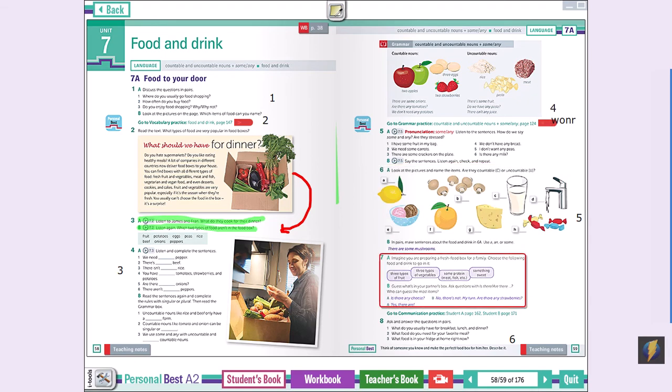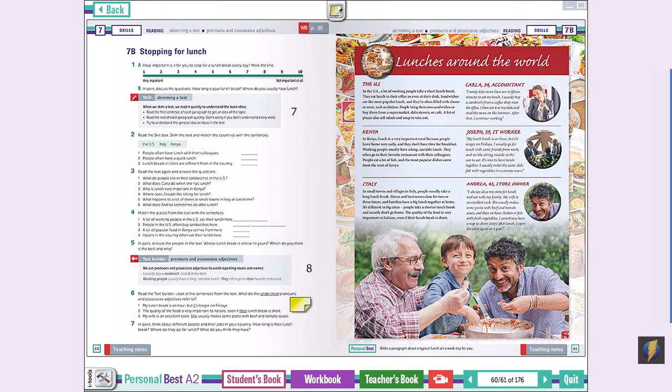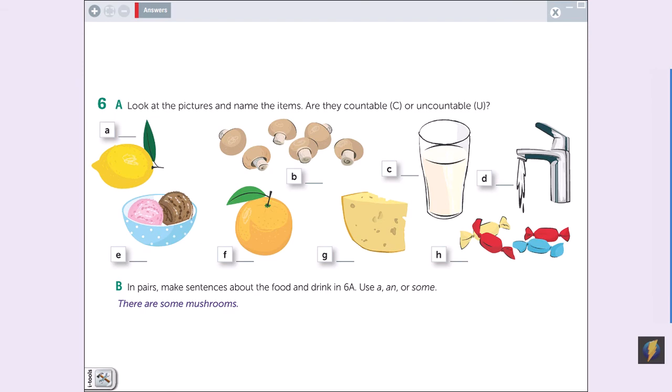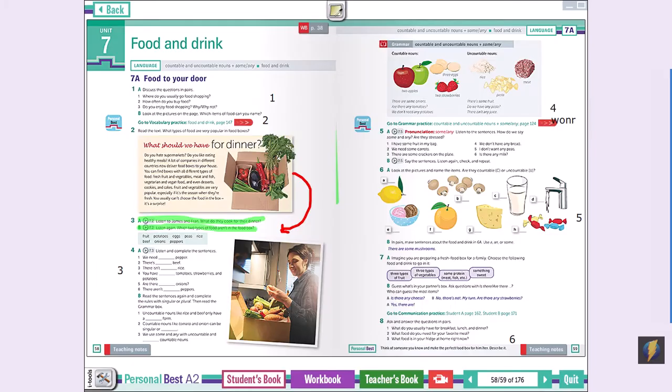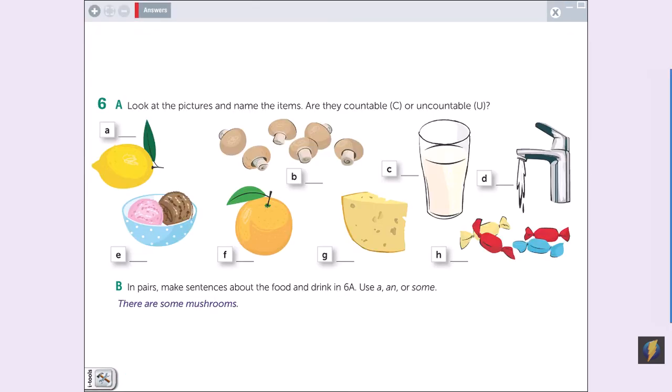We're going to see another vocabulary. Let's see where it is. Let me look for the vocabulary and see if I have it. Just let me check. No, it's not here.